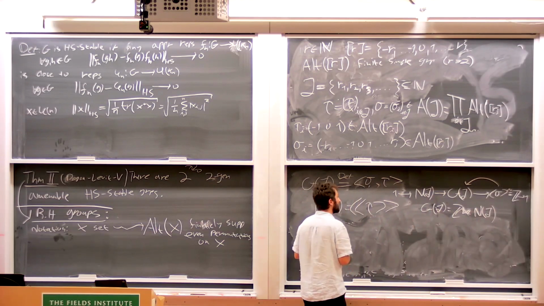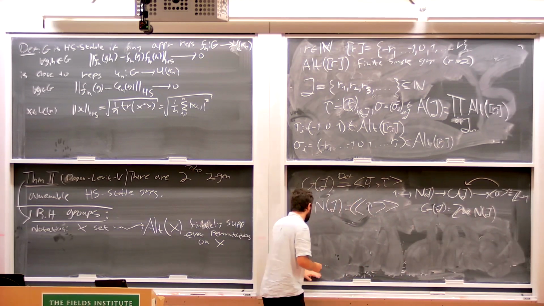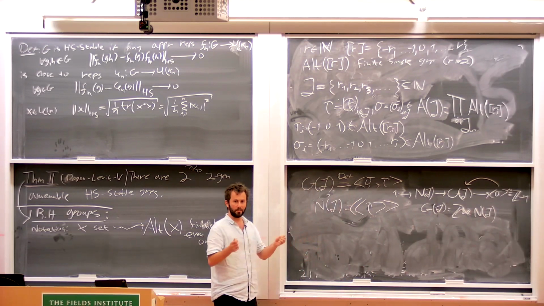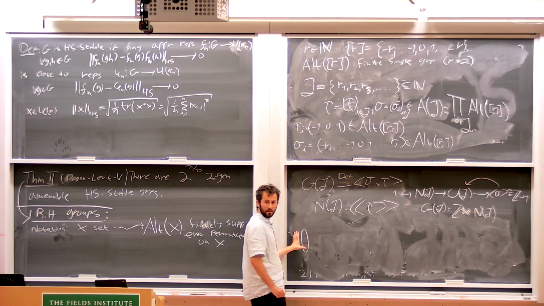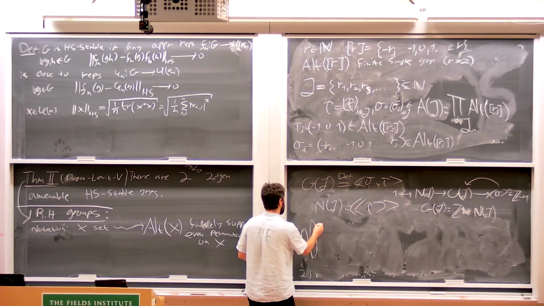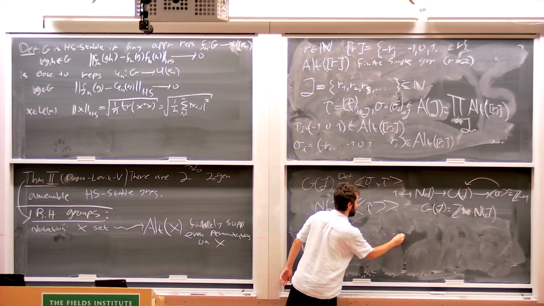I want to claim that N is a locally finite group. How do we see this? I want to try to get a more visual picture of N. So this is the first alternating group. The second one is slightly larger, and this is larger, and this is larger.